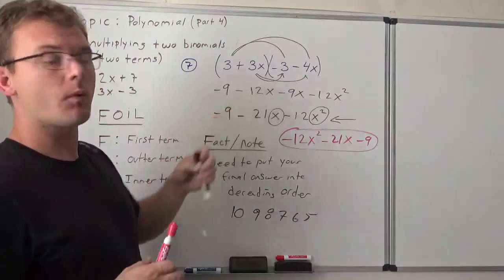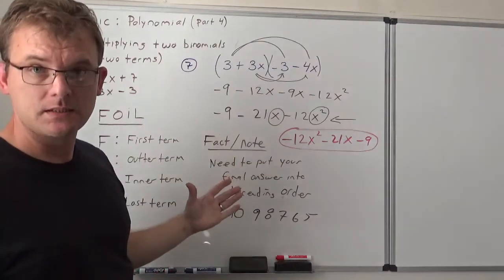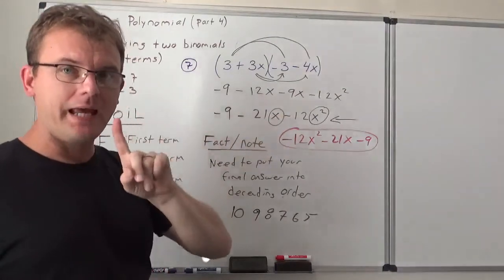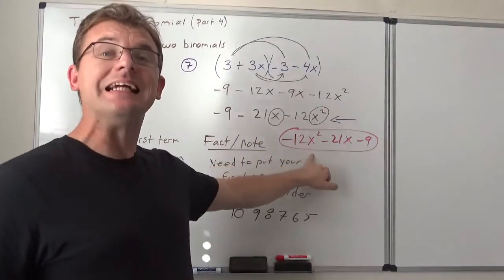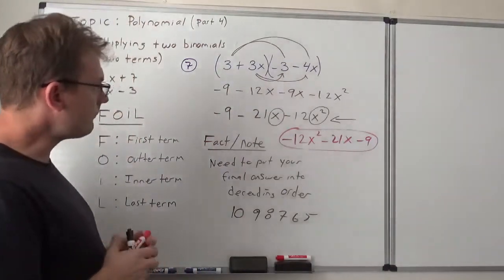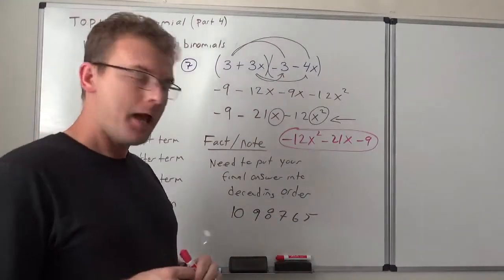We're going to take something like this and go backwards, and that's called factoring. Well, we need to really pay attention that this is in descending order. So very critical. Okay, I think I'm going to leave it there.